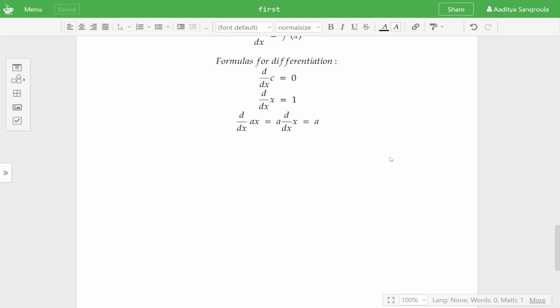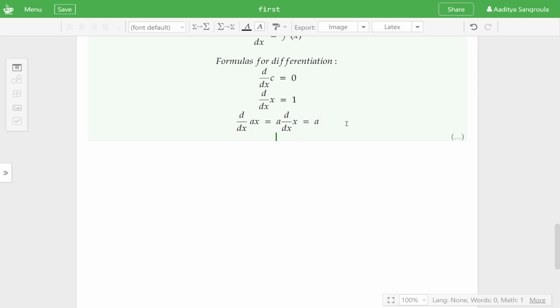So while differentiating a function, if there is any constant multiplying the variable, we can take the constant out of the derivative, differentiate with respect to that variable, and then multiply the output by the constant. Here it's a, because it is a times 1, which is the derivative of x.